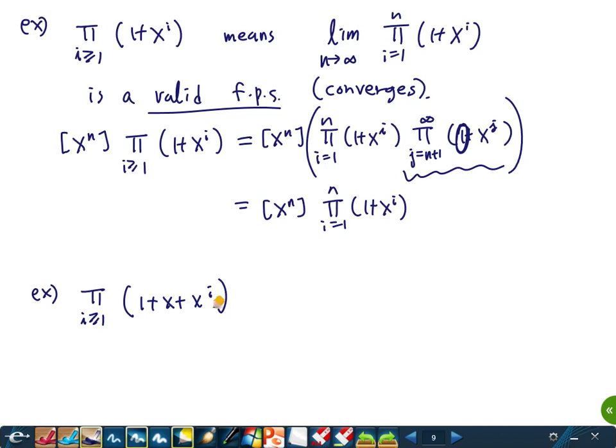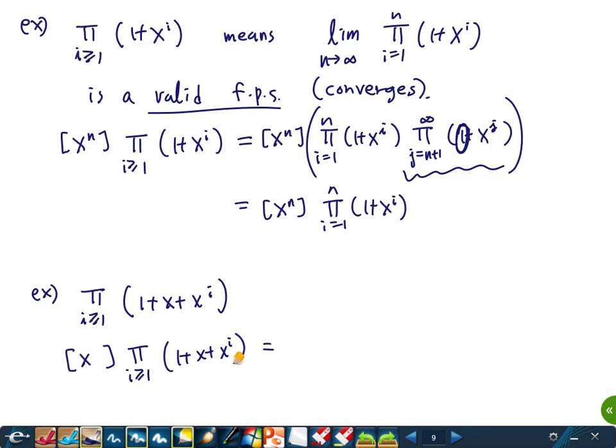Why? Just imagine the coefficient of this. Say you want to compute this. Can you compute this in finite time? In other words, do we have to look at every factor? Yes, we have to look at every factor, because every factor has the possibility to contribute. For instance, let's say just the coefficient of x.